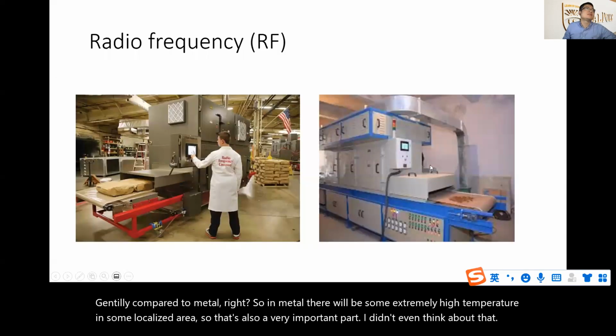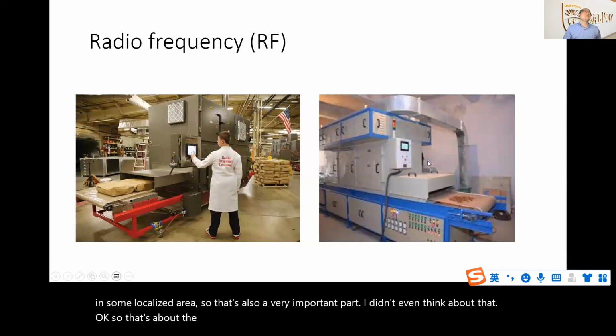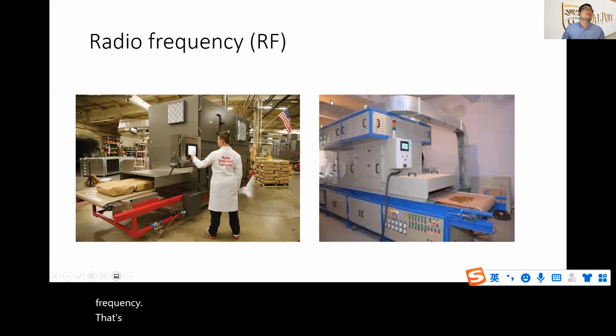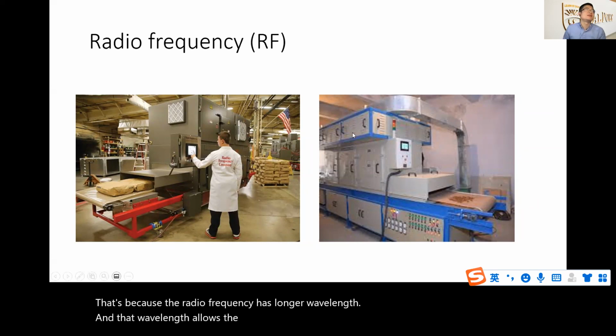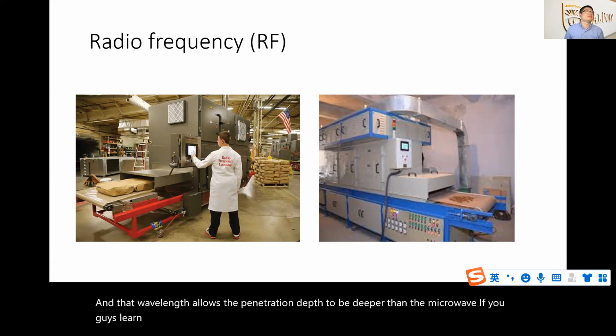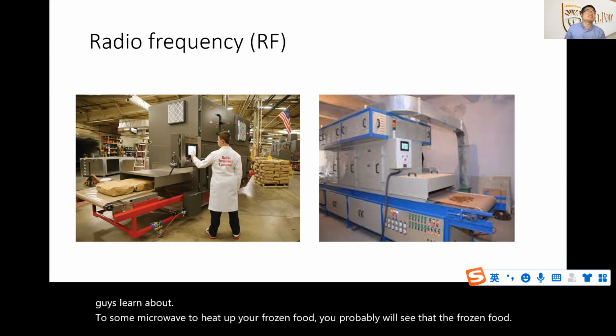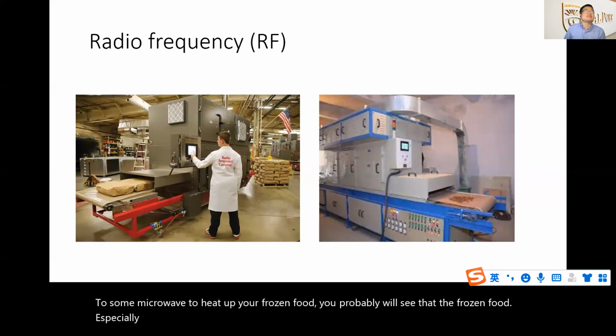Okay, so that's about the microwave. Actually, in the industry, we use more of the radio frequency. That's because the radio frequency has longer wavelengths, and that wavelength allows the penetration depth to be deeper than the microwave. If you use a microwave to heat up your frozen food, you probably will see that the frozen food, especially the core, takes a long time to defrost.